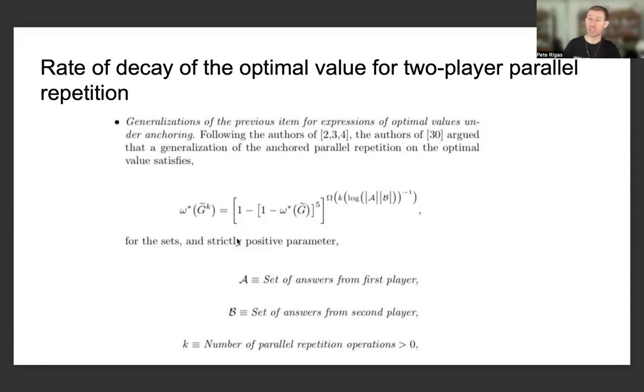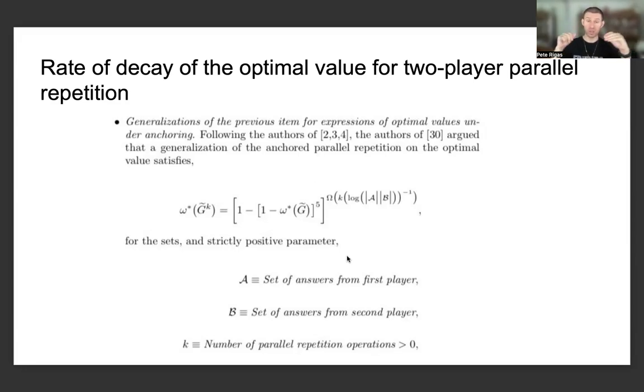And these authors, Jain and Kundu, in this conference proceeding that I've cited several times throughout my upcoming paper and my upcoming project, provide this type of expression, namely 1 minus the optimal value raised to the fifth.